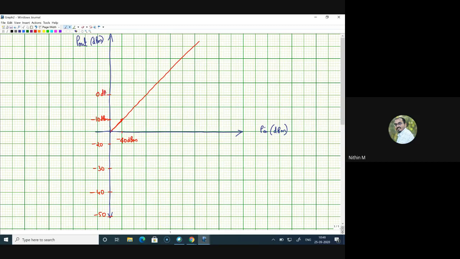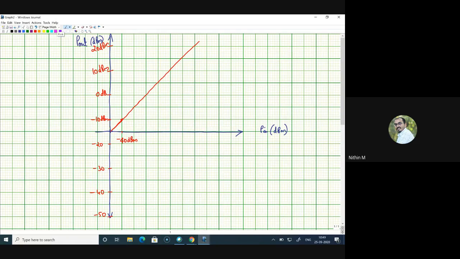And this is 0 dBm. Each box is 5 dBm. All right, so the red line is actually your fundamental response.